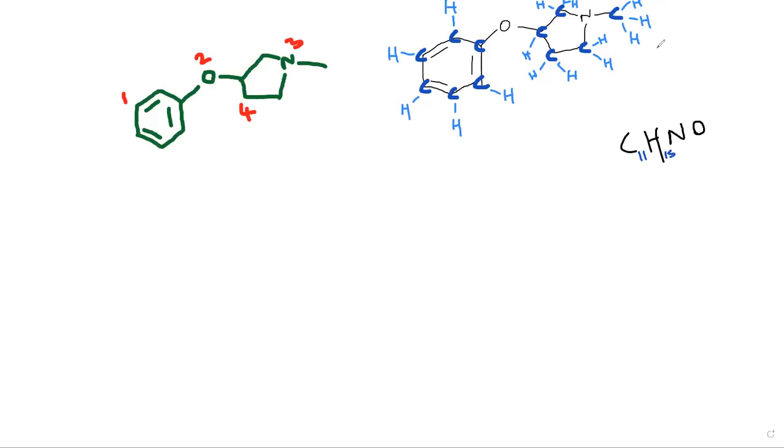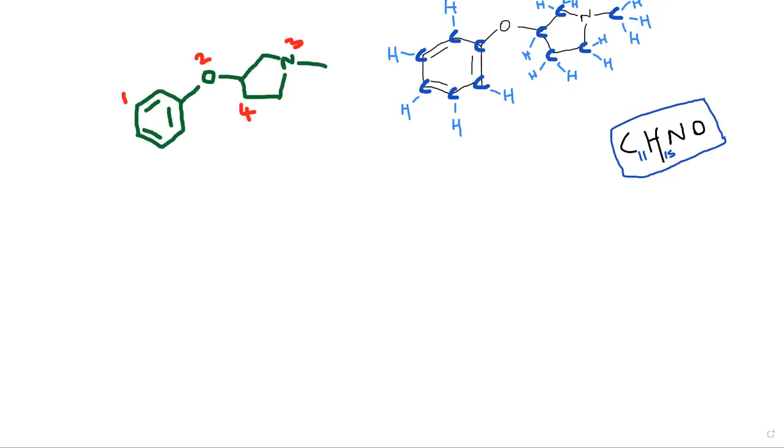When it comes to nitrogens, only 1, and 1 oxygen. Therefore, this should be the molecular formula of this compound. Without converting this line structure to a Lewis structure, you cannot determine the molecular formula properly. Okay, that's part of it.